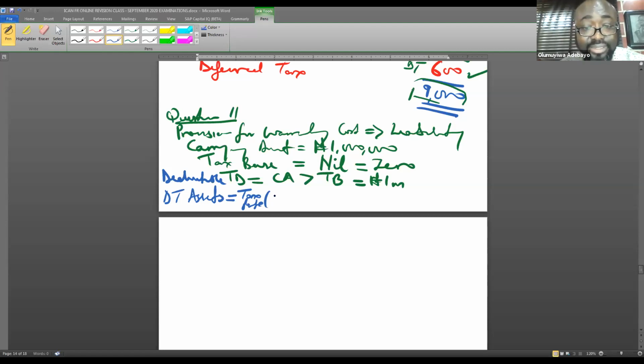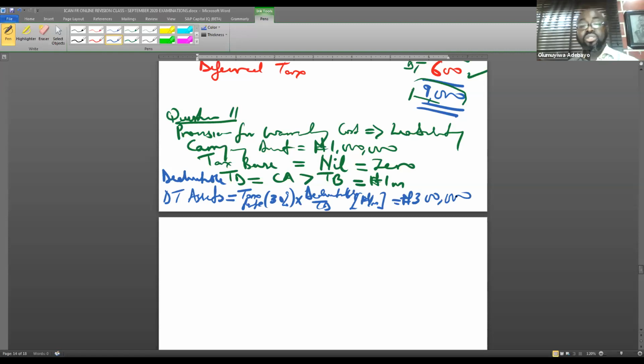Yes, 30% times the deductible temporary difference, that is 1 million. 30% of 1 million is 300,000.